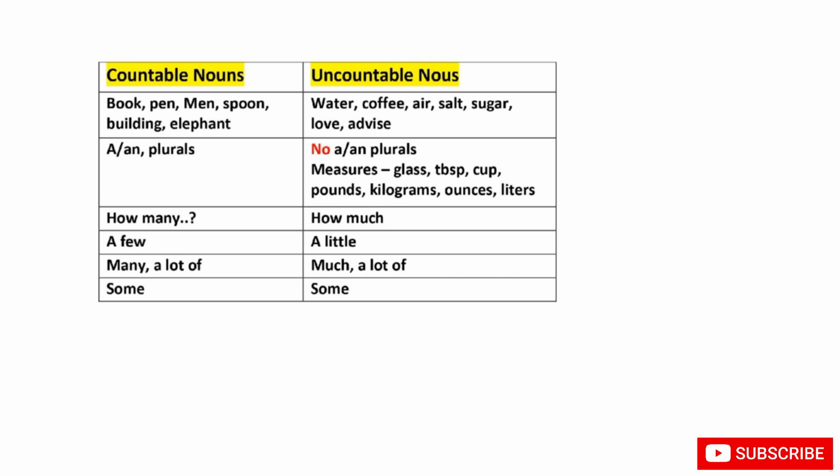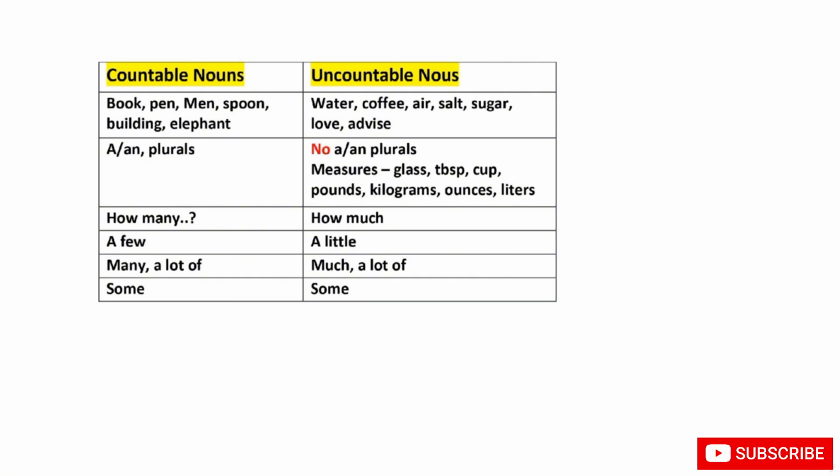And just by seeing them, you should be able to say there's no way to count them, because water and coffee are liquids. Air is a gas. Salt and sugar are so small that if you try to count the individual particles, that would be an extremely difficult task. And love and advice are abstract nouns because they're feelings and ideas.